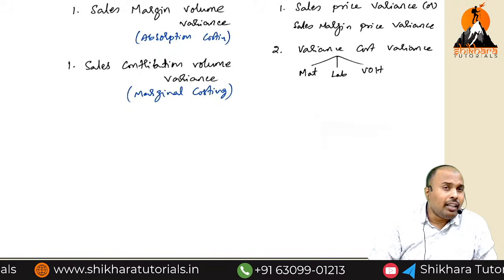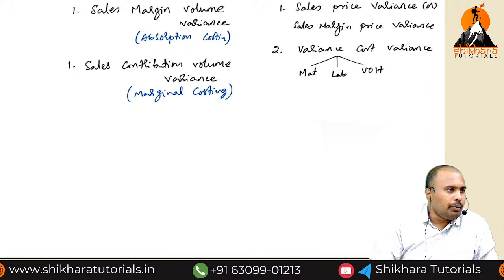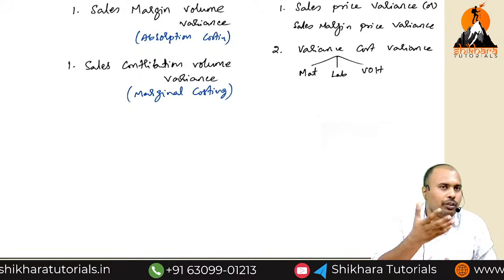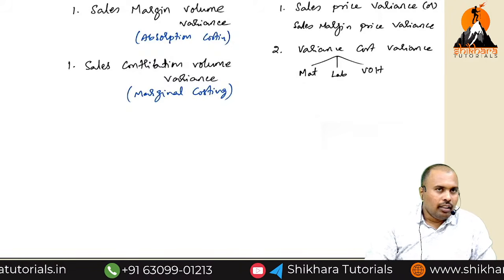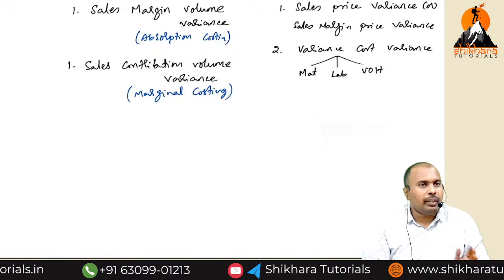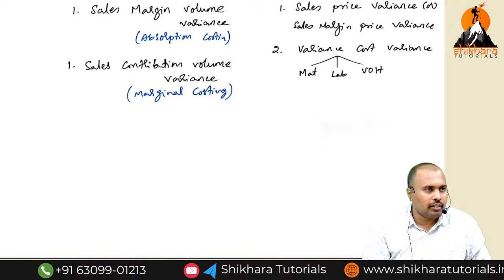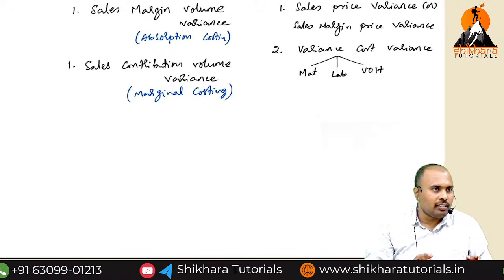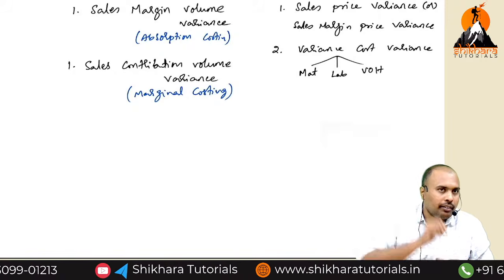So why am I doing reconciliation? To know the reasons why there is a difference between two profits. So as much segregation as you can do, you do in the exam. Understood, right? Let us say you have information to calculate only cost variance. Then directly use material cost variance. But if you have information to calculate both price variance and usage variance, then calculate them separately and use both of them in the statement.